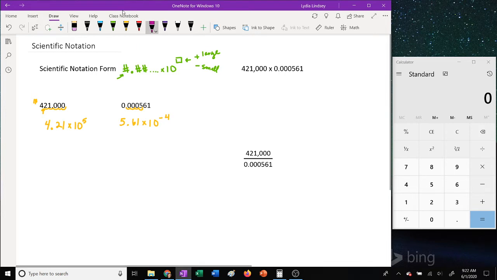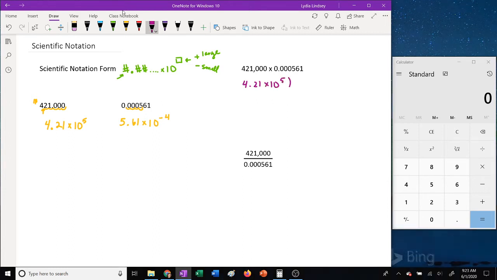Now if I take these two, I can do some math without having to have a calculator. I have a calculator here on the side because we're going to need to use it just in a second. But I'm going to first write these two in scientific notation. 4.21 times 10 to the 5th, I'm going to times that by 5.61 times 10 to the -4th.